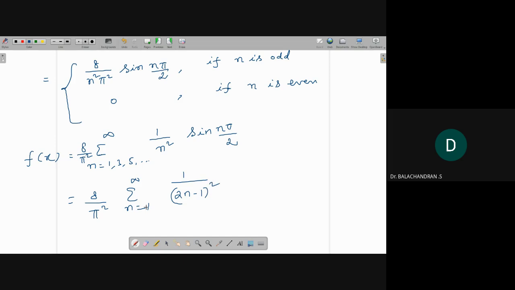2n minus 1 means if you substitute n equal to 1, you get 1. n equal to 2 means 4 minus 1, 3 square. Okay, so you'll get a sine.